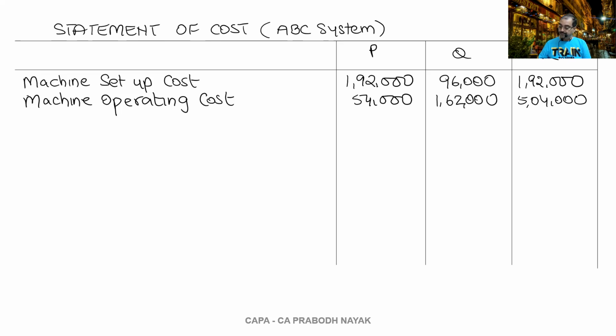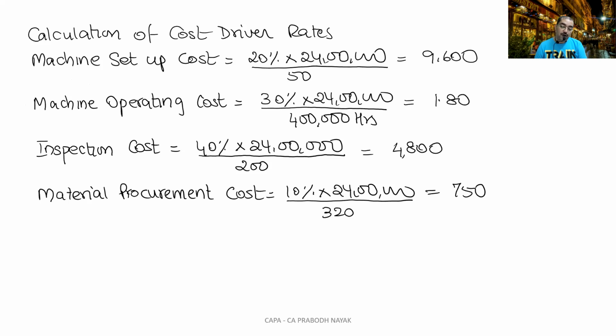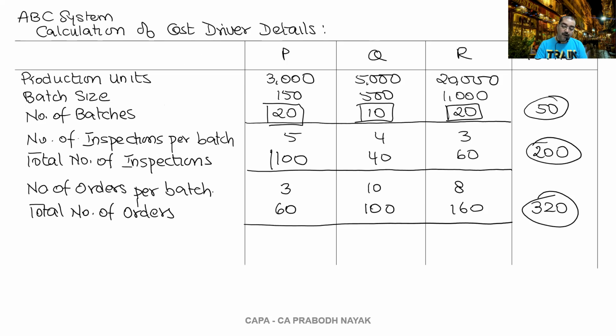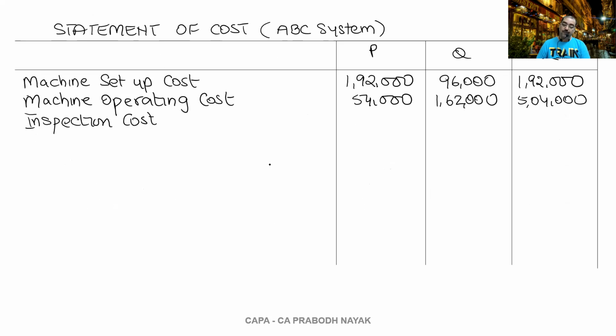Next one. Inspection cost. Inspection cost is 4,800 per inspection. 4,800 into 100, that is 4,80,000.